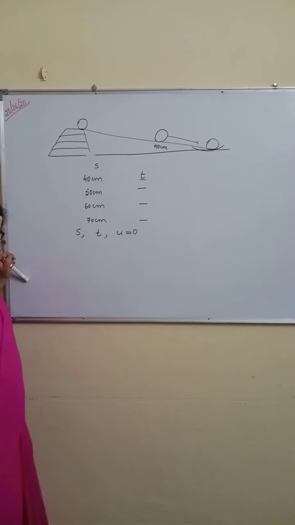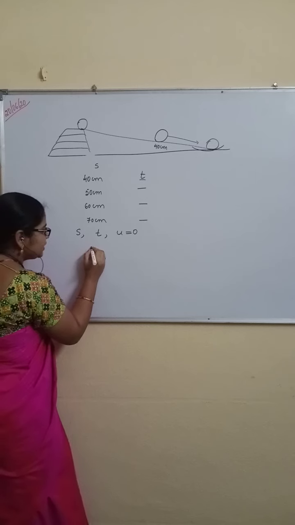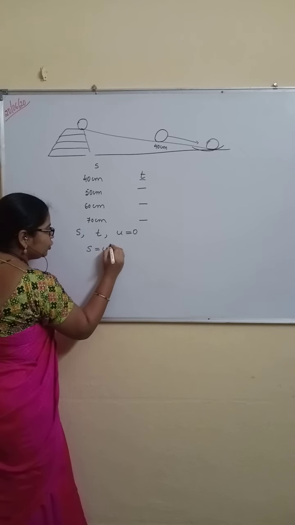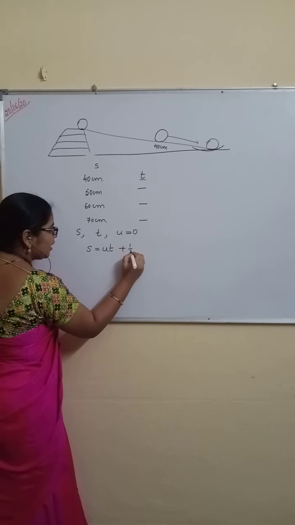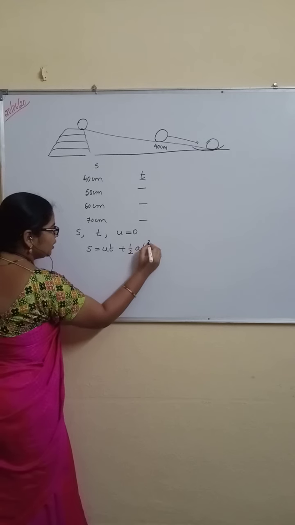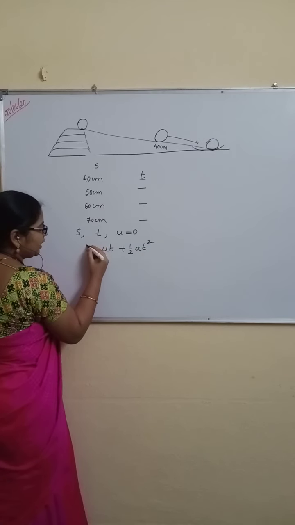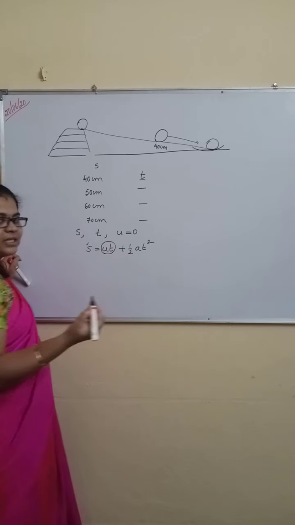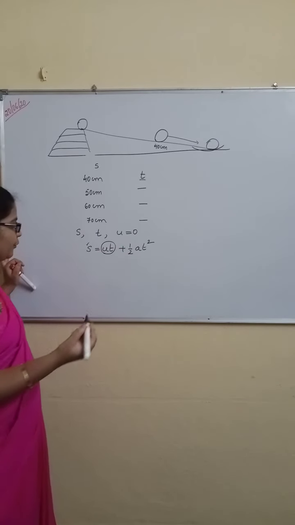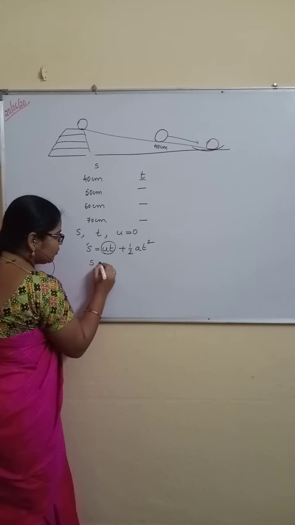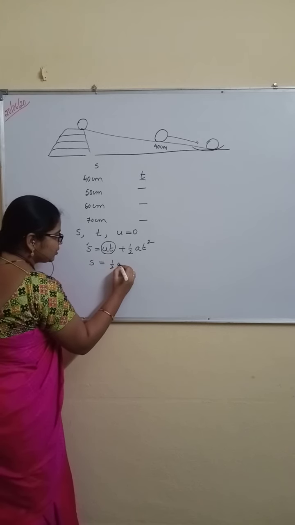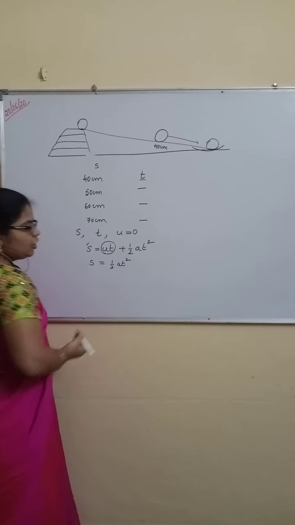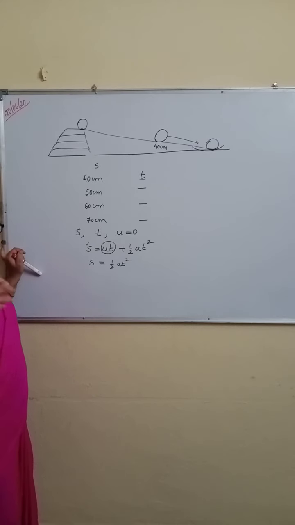Now we have three equations of motion. When you look at the second equation, that is S is equal to UT plus half AT square. Here the S value we can keep. This entire term will become 0 because the initial velocity U value is 0. So S is equal to half AT square. We want A, acceleration.